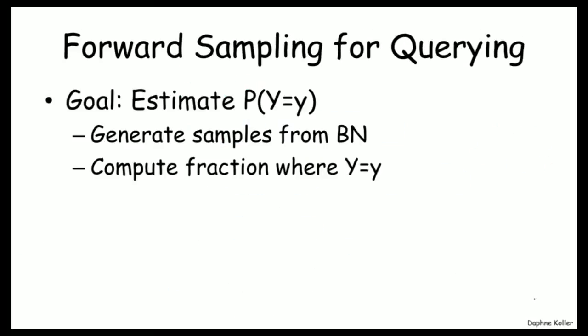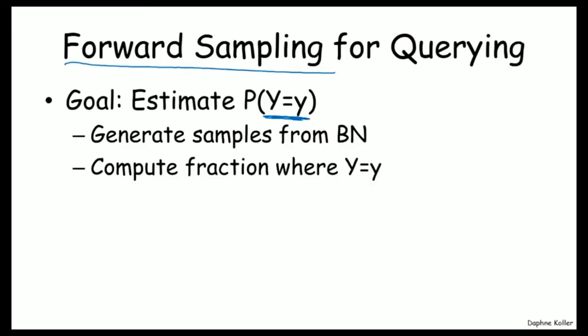And so if I want to use this process, which is very naturally called forward sampling, where we want to estimate the probability of some assignment little y to some set of query variables Y, then what we're going to do is generate a bunch of samples from that Bayes net, as many as we think is adequate.